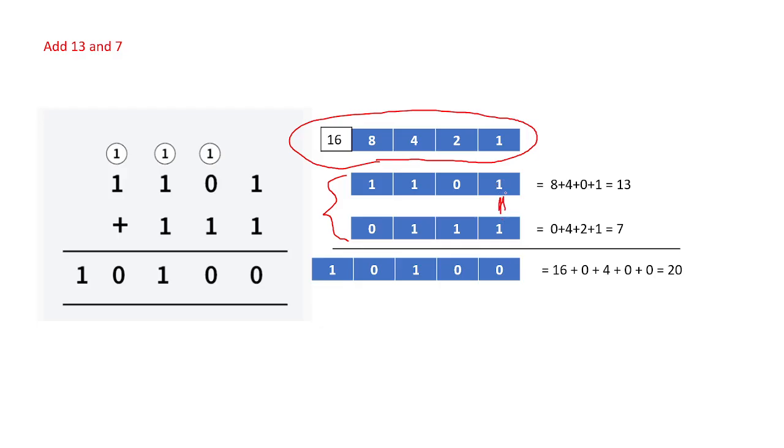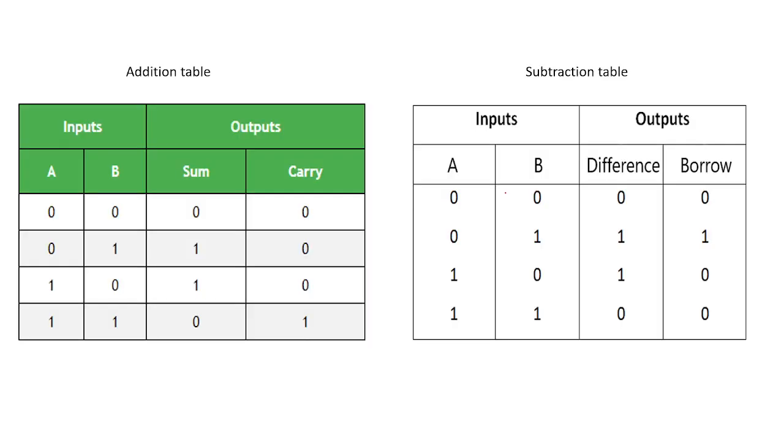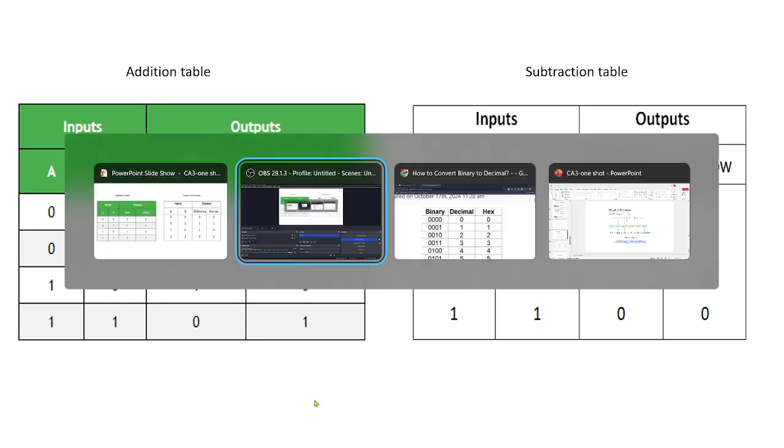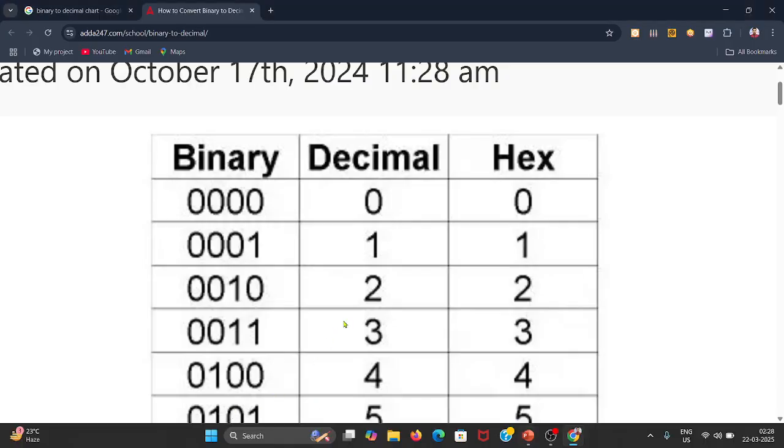It's 2. And in case of 2, what I have told you, what will be carry, what will be sum. If we represent 2 in the binary format, it's 1 0, not 0 1, as you can see in the table. Means the right side is representing the sum and left side is representing the carry.